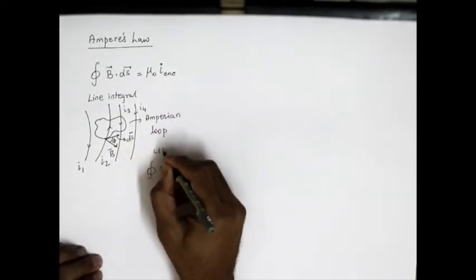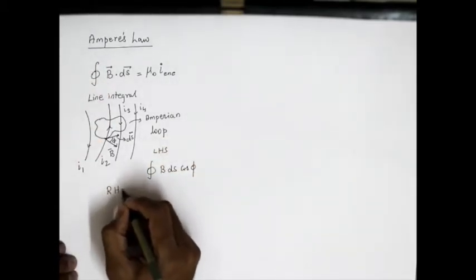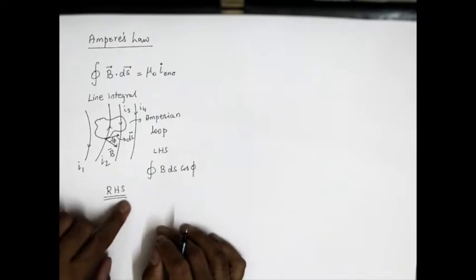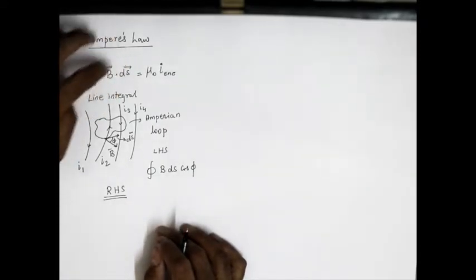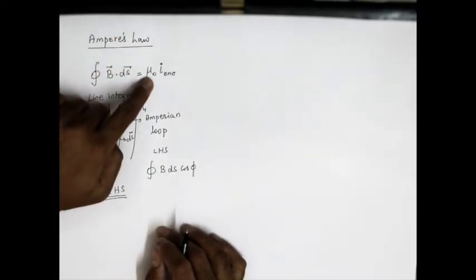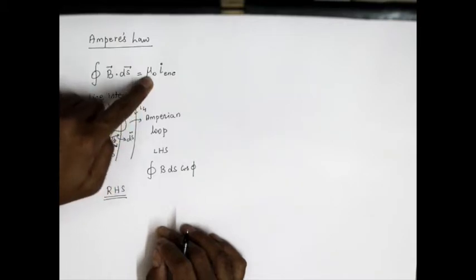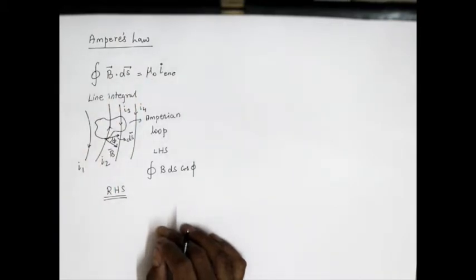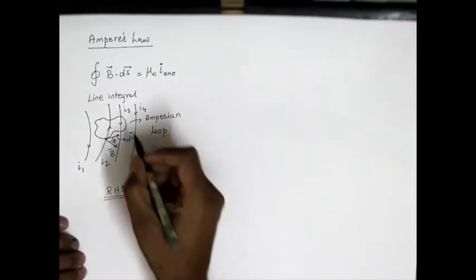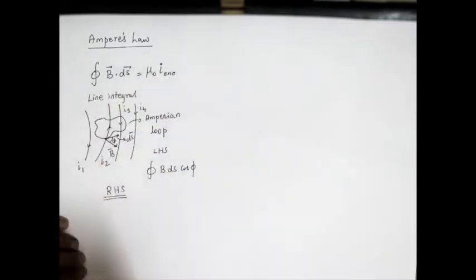This is the left hand side of the equation. Let us look at what the right hand side says. The right hand side tells you that the value of this integral is nothing but mu naught times the current enclosed by this loop. So let us see how many wires this loop encloses.